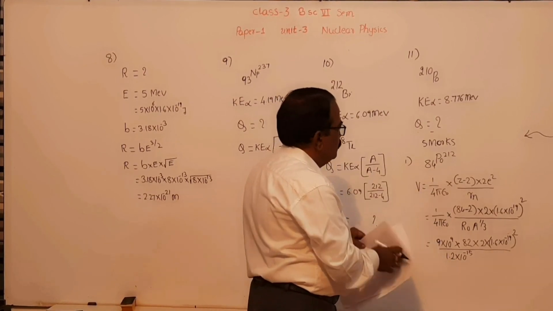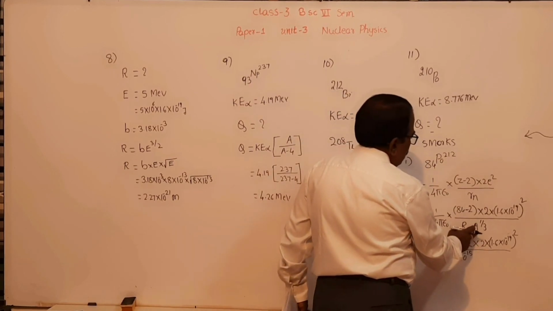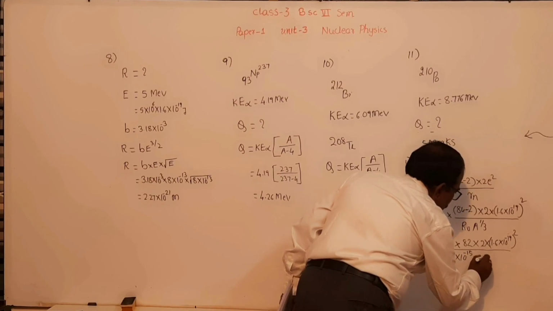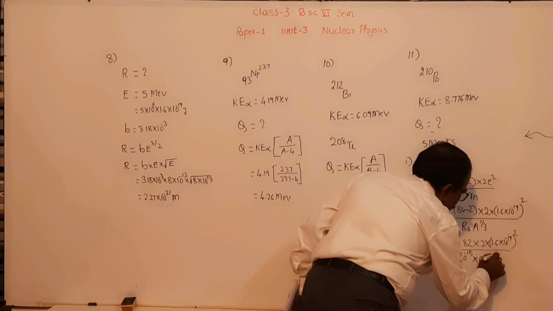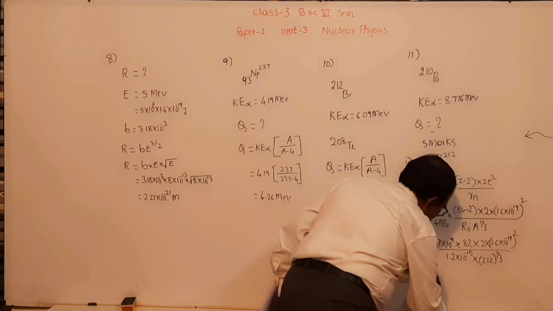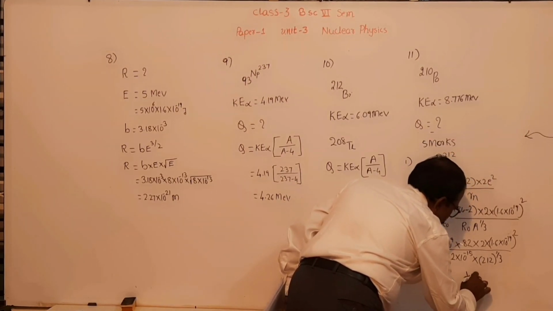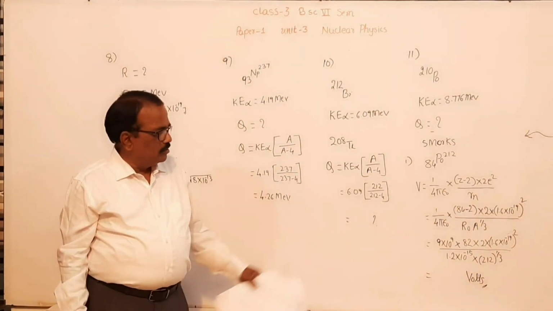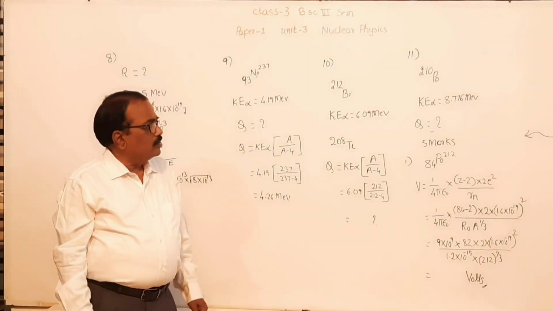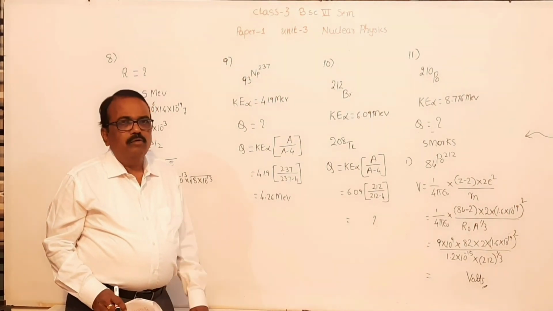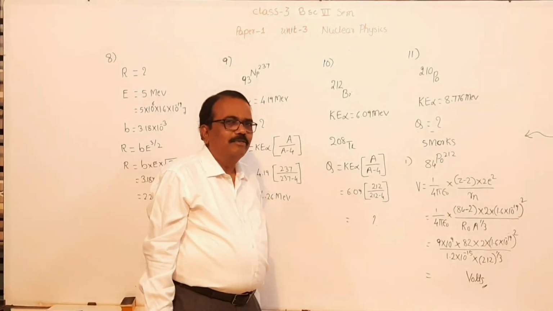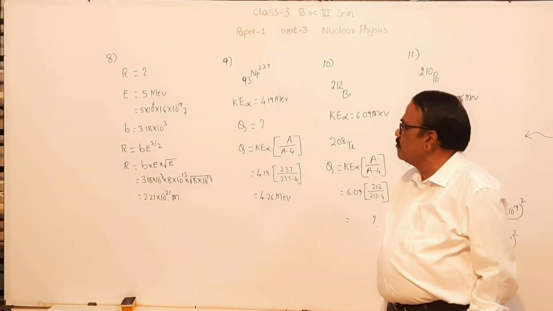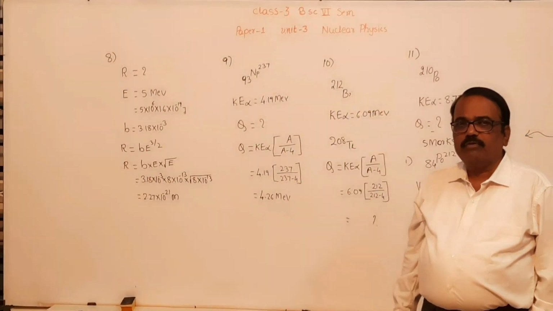Yes, 10 raised to minus 15. Your A is here 212 raised to 1 by 3. So many volts you are going to get. You simplify yourself. So simplify that, the potential barrier is so many volts. I think this completes your first chapter of nuclear physics.